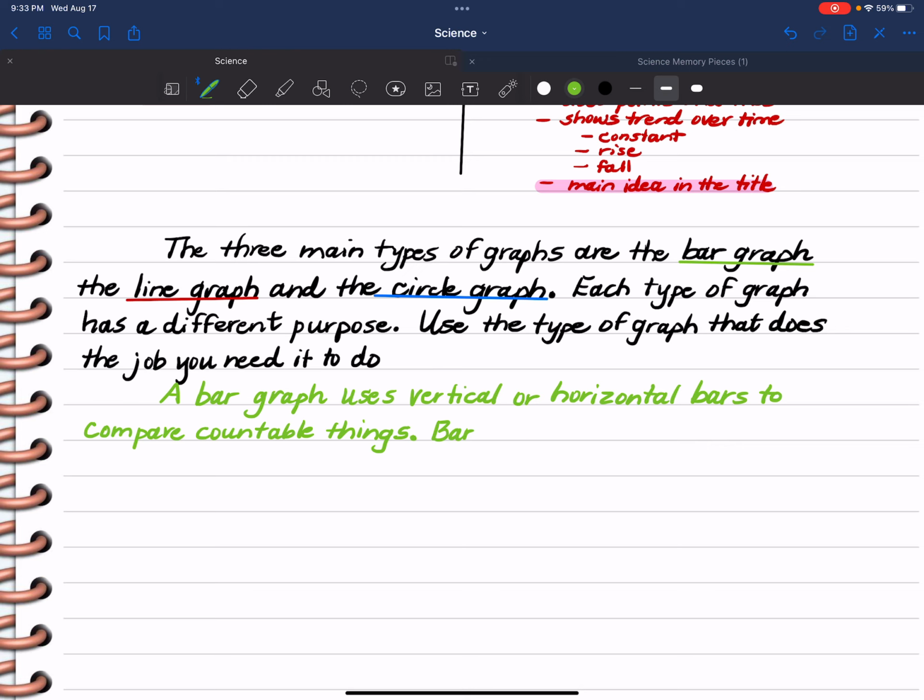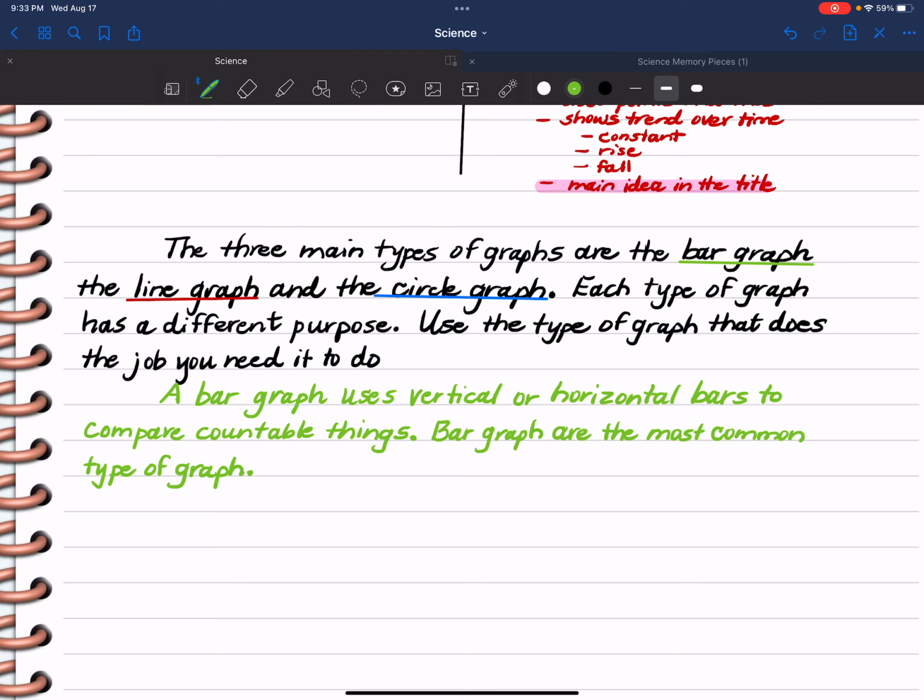Bar graphs are the most common type of graph. Okay, I just have 2 sentences. I need 3 for a paragraph. So I'm just going to add something here.